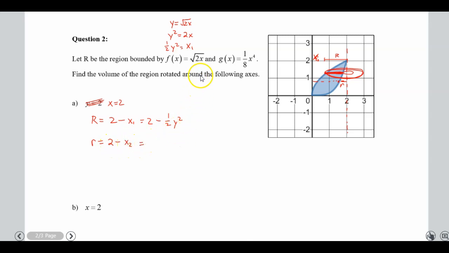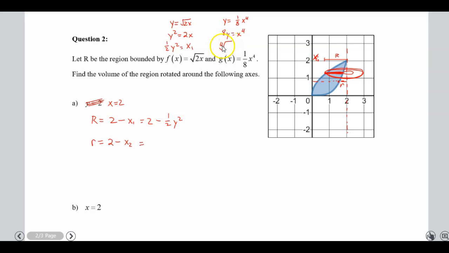And if I go ahead and try to solve this g of x for x, we can see what that might be. So again, here I get something like y is 1/8 x to the 4th. It's multiplied by 8, so we got 8y is x to the 4th. And then I can just do a 4th root.